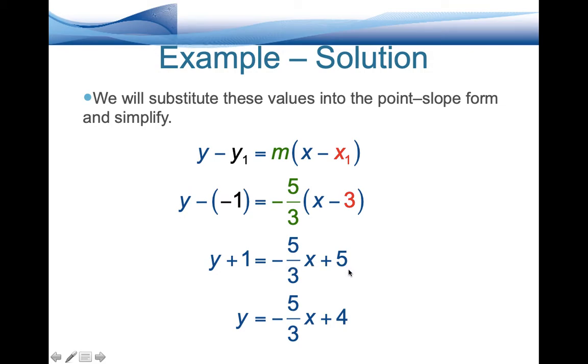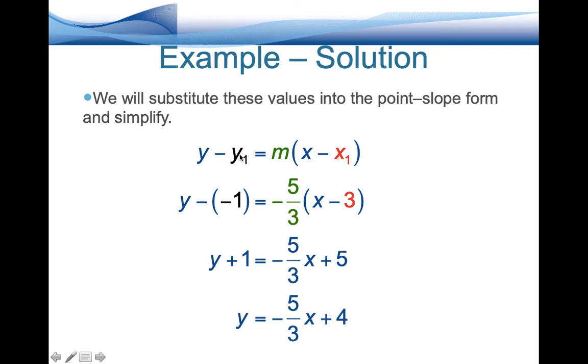I really don't like this problem because it has the fraction like that, but it's the most simplistic problem I could find to substitute in. Now I've got to get rid of this 1. So instead of saying y plus 1, I subtract 1 from both sides. I subtract the 1 from the positive 5, not from the x term, because it doesn't have the same terms. So I'll say minus 1, gets rid of the 1 over here. 5 minus 1 is 4.